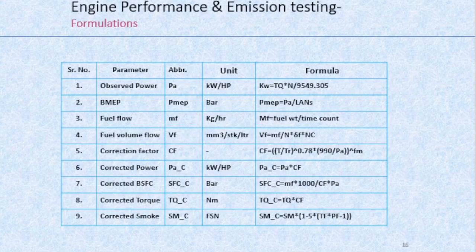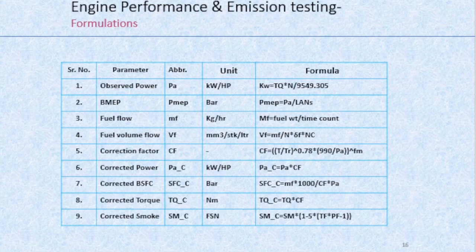And here we are discussing section 3 of part 1, with more focus on the formulations required to calculate engine and emission performance parameters. The first parameter, observed power, is a function of torque and speed associated with the dynamometer constant.